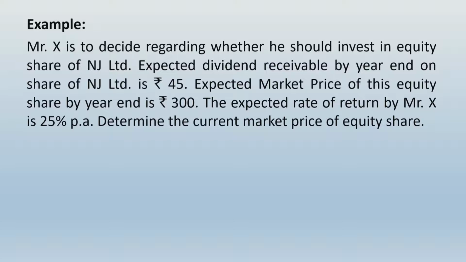That will be the future value in your hand. You just have to find the present value, and for that you must know the discounting rate. Discounting rate is nothing but the expected rate of return, which over here is given as 25%. Because this is an expected rate of return by an equity shareholder, symbolically we are using the symbol KE to represent that.